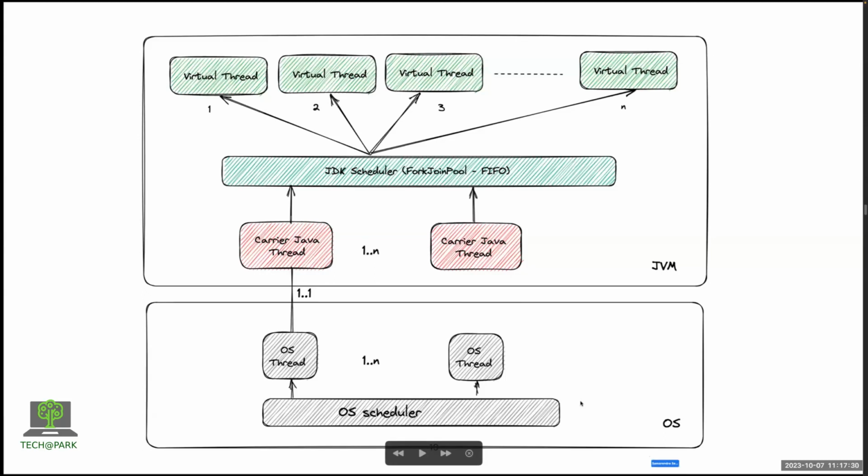I do understand that this gives you a lot of code maintenance benefits, the libraries are clean now, etc. But keeping that aside, in terms of real performance, comparing the old versus the virtual thread, will there be any?